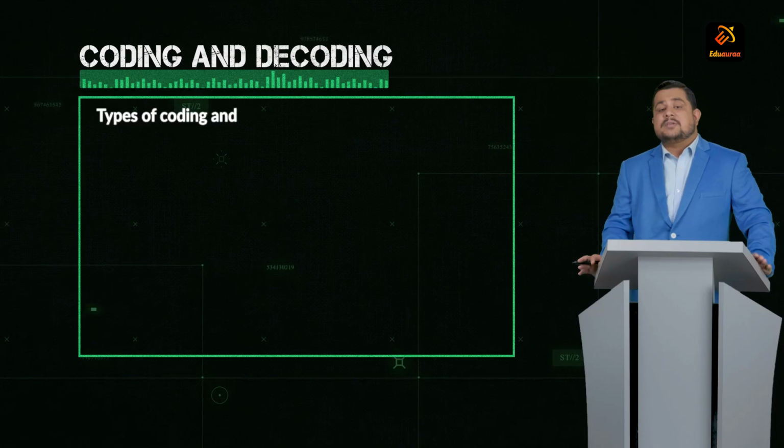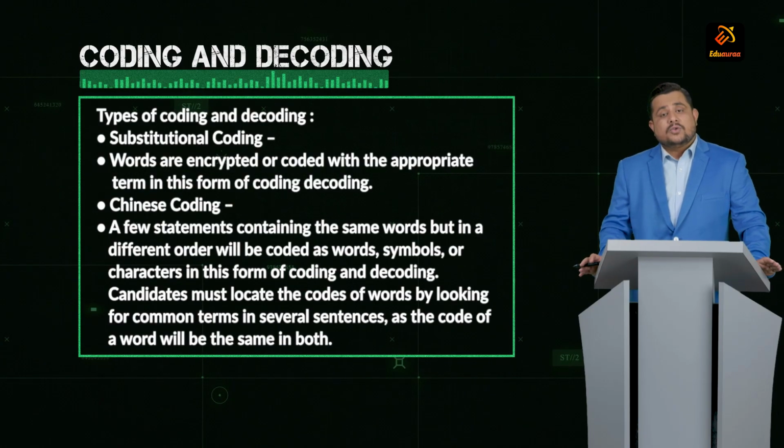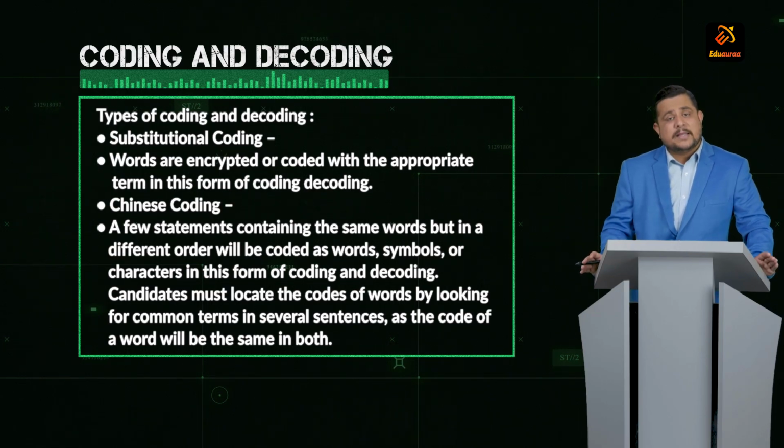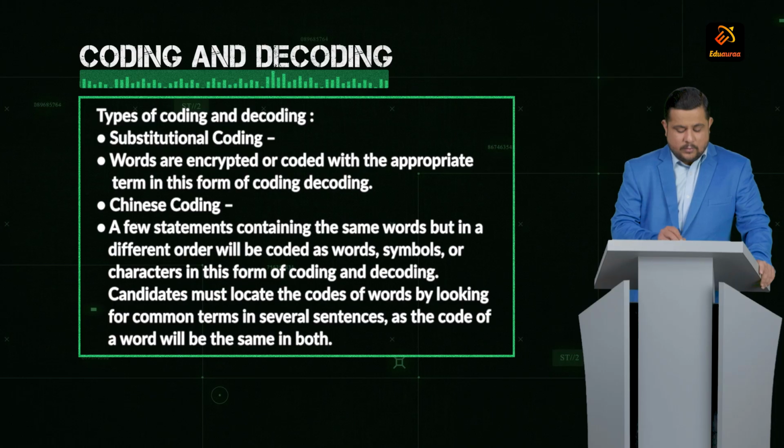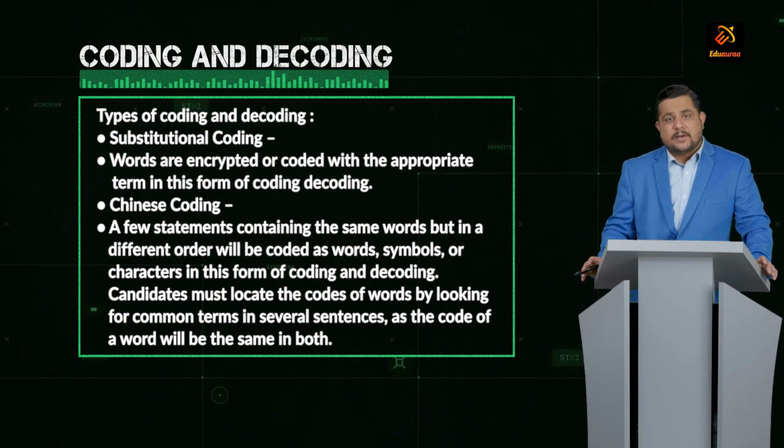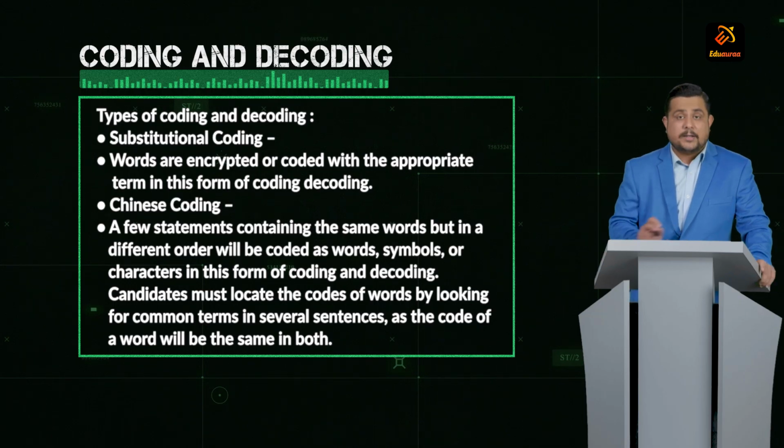Now, substitutional coding. Words are encrypted or coded with an appropriate term, where substitutes will be given for words, and we have to analyze them, and that will be the code of that particular word.